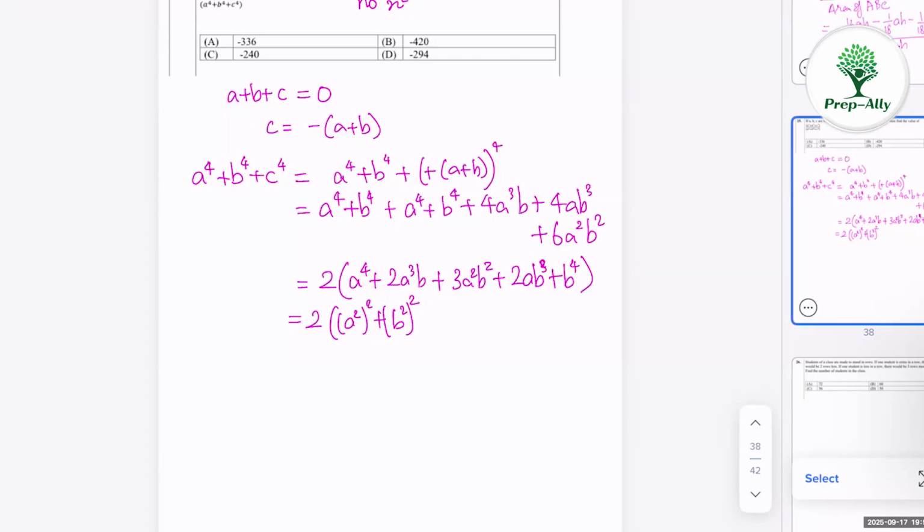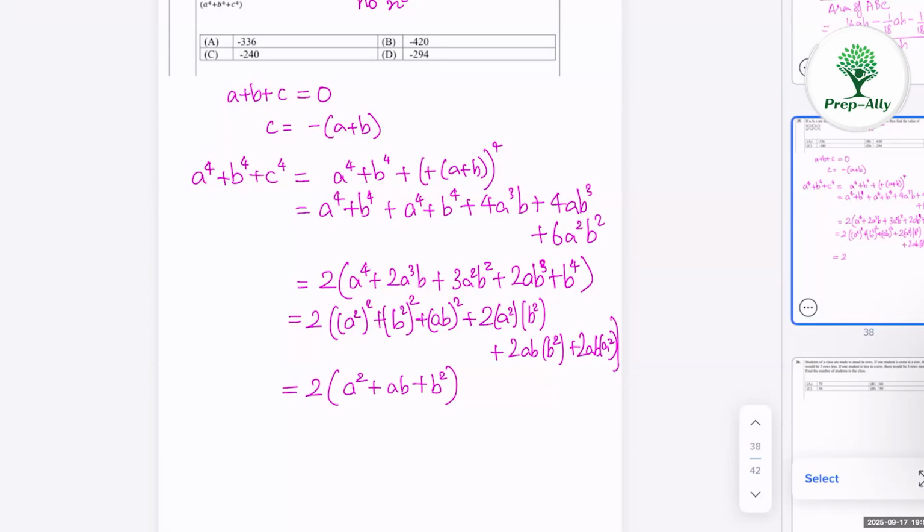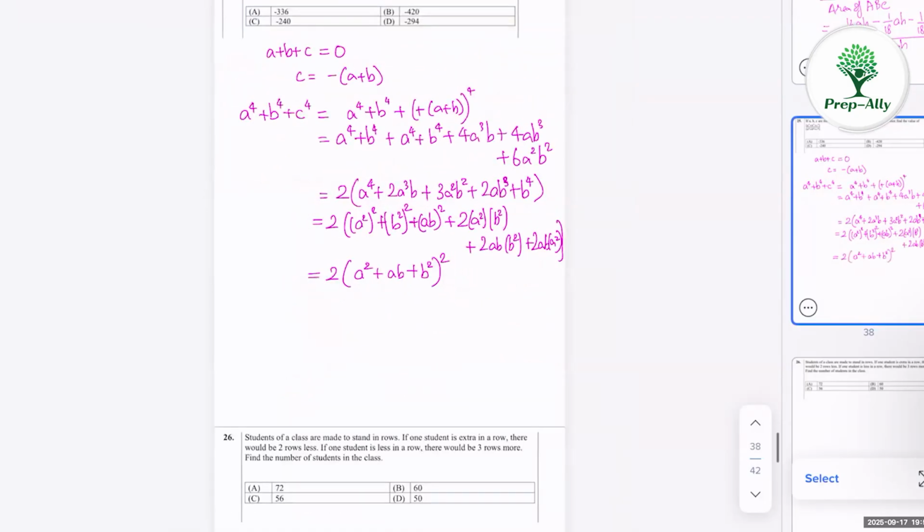So first a square b square, that we'll write as ab the whole square, and then 2 times a square b square plus 2ab into b square plus 2ab into a square, right? So this comes out to be 2 times a square plus ab plus b square the whole square, right?